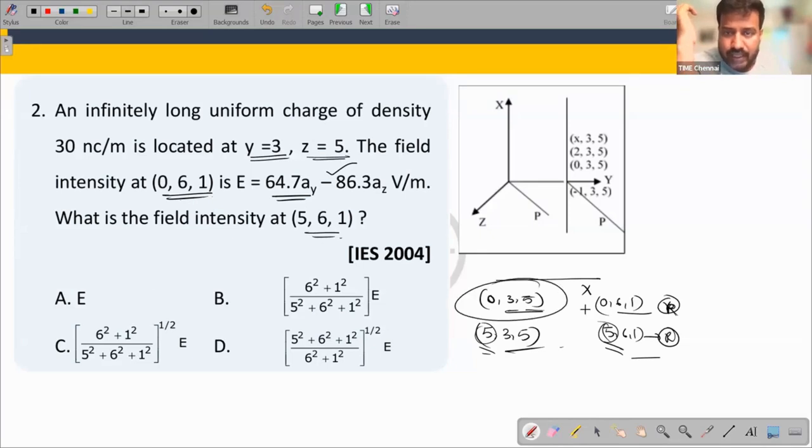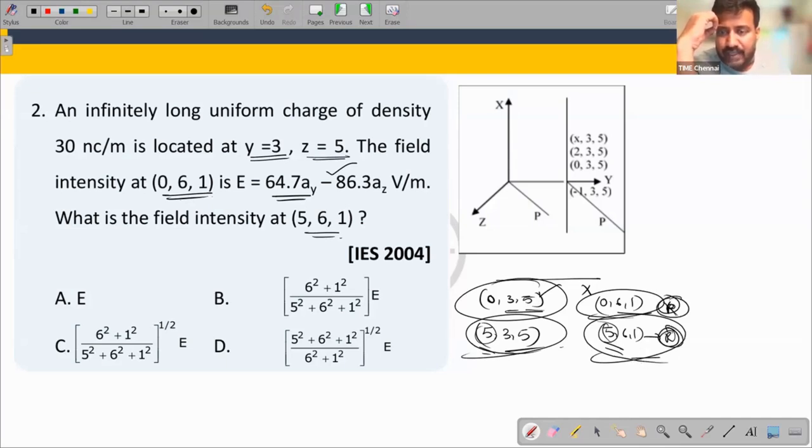The points of evaluation are, for the first time, 0, 3, 5 and 0, 6, 1. Second time, 5, 3, 5 and 5, 6, 1. Therefore, R is going to be the same. As R is the same, the value that you're going to get will be the same, because I want the E value.